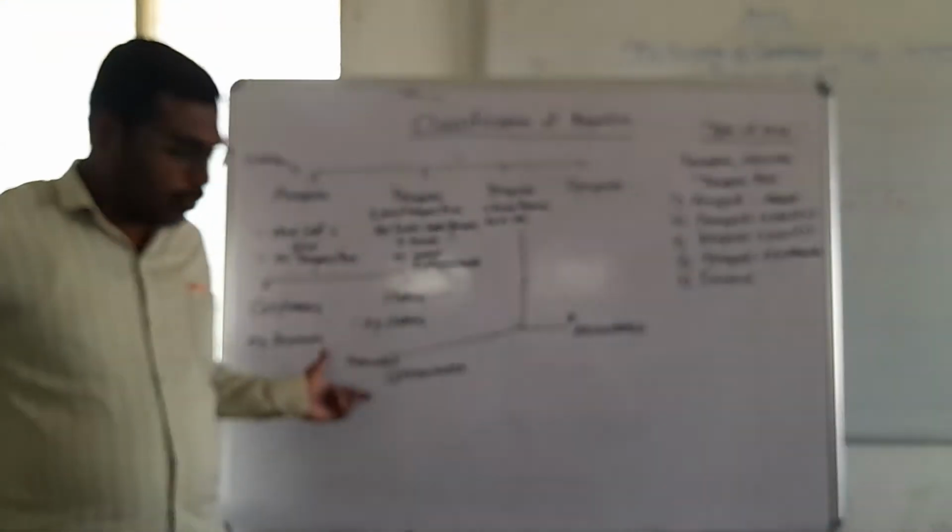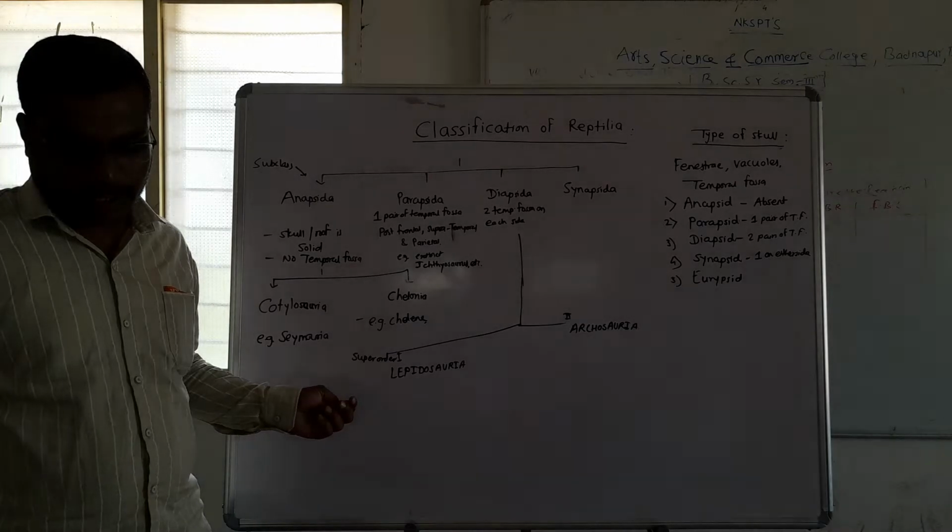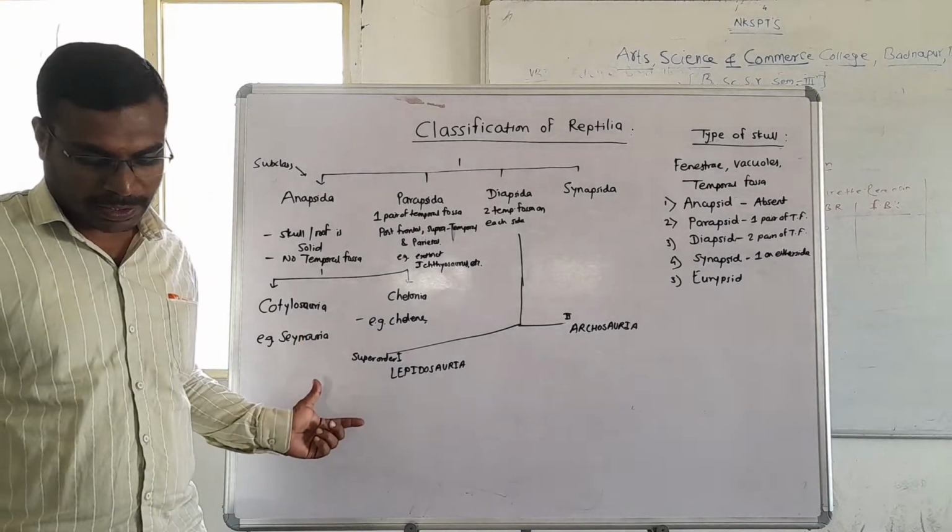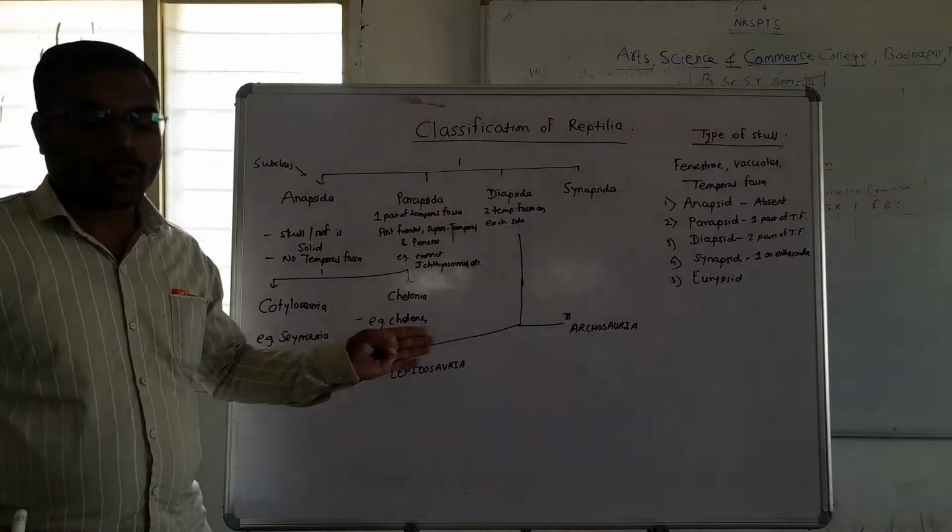These are the two superorders. The first superorder includes two orders.